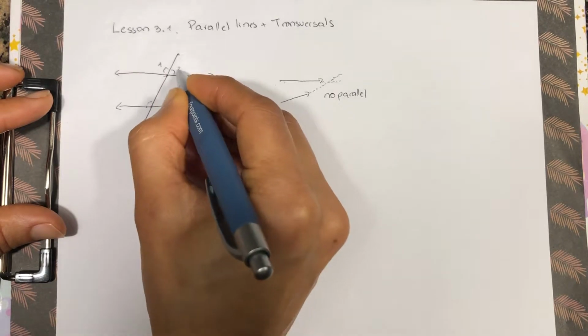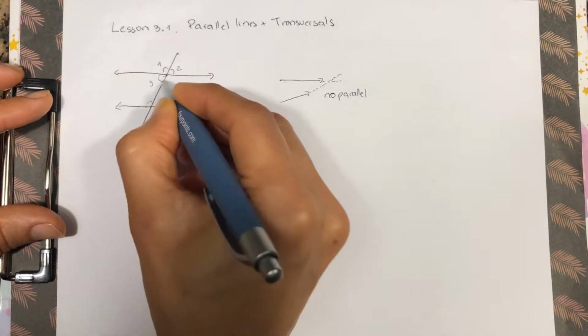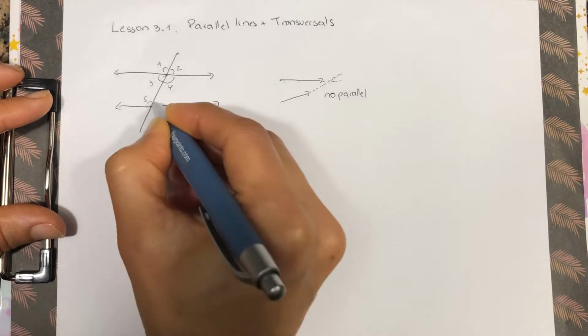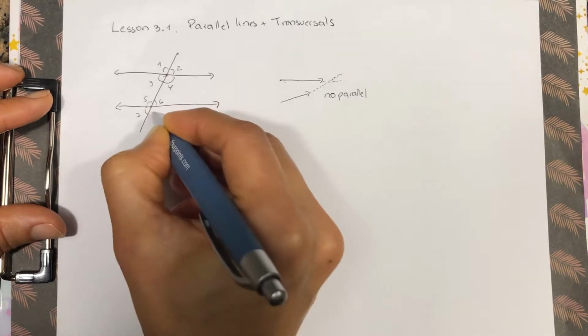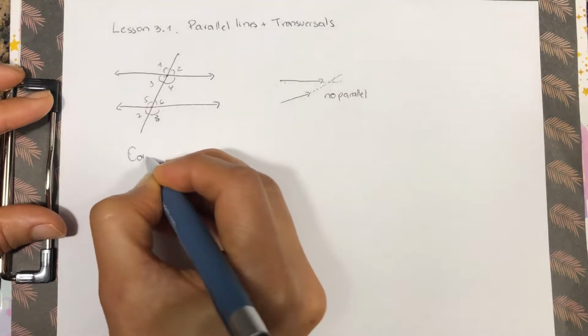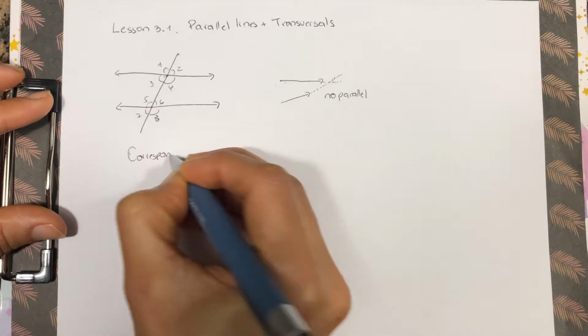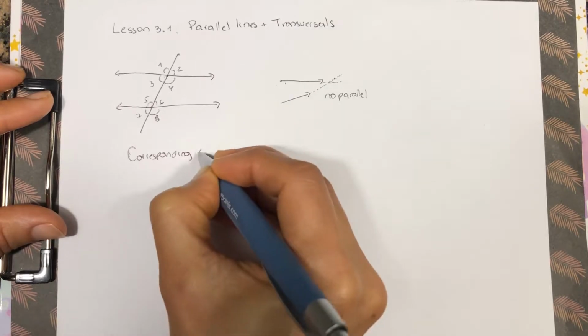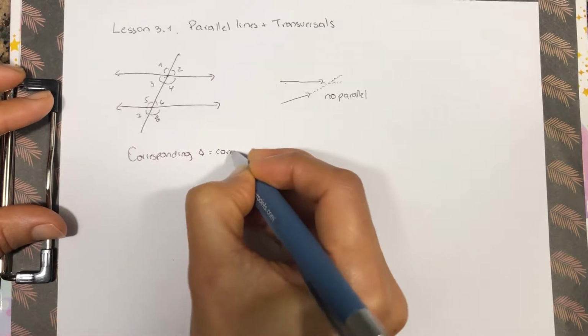Let me name the angles. Angle 1, 2, 3, 4, 5, 6, 7, 8. So corresponding angles are the same. Corresponding angles are congruent.